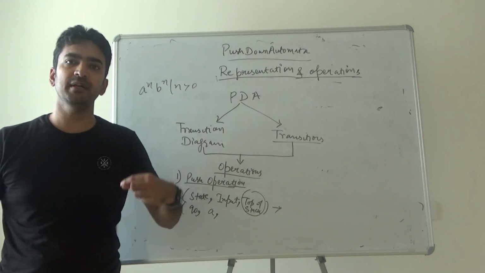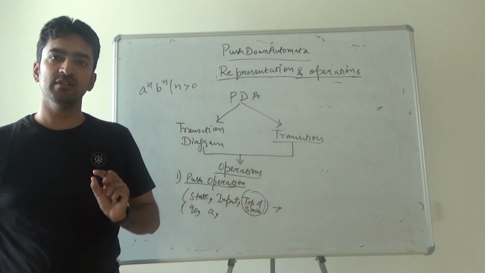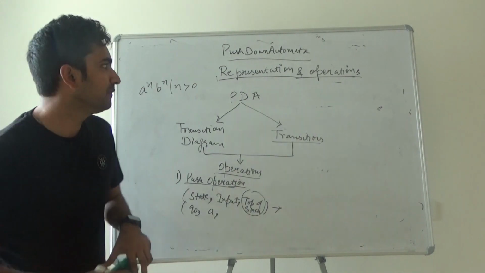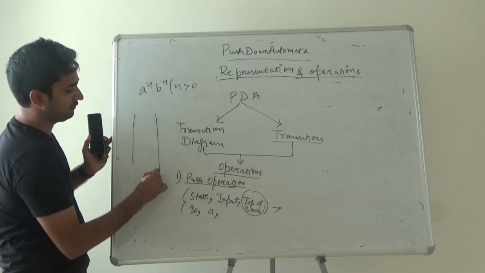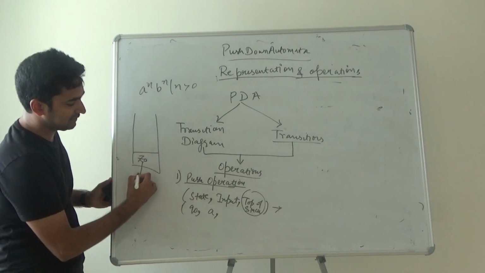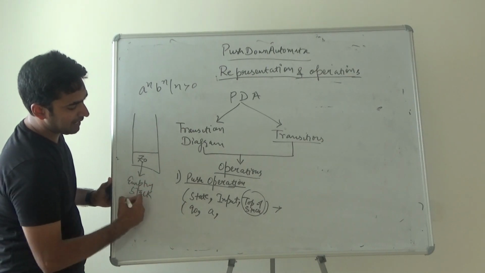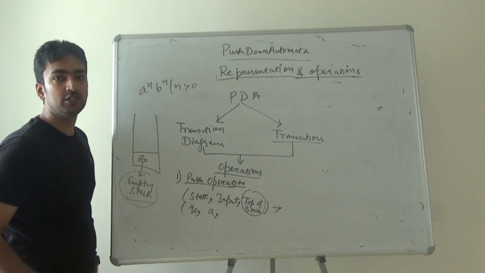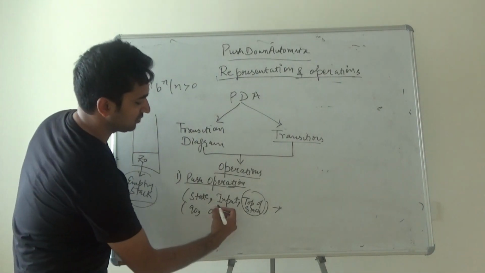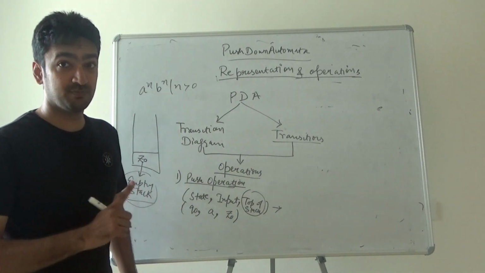Now the top of stack can be any value. It can be the initial pushdown symbol, which means the stack is empty. For example, we have this Z0. Z0 represents an empty stack, but since it represents the empty stack, we assume that Z0 is the top of stack. So I can write Z0. This is the first, the push operation.